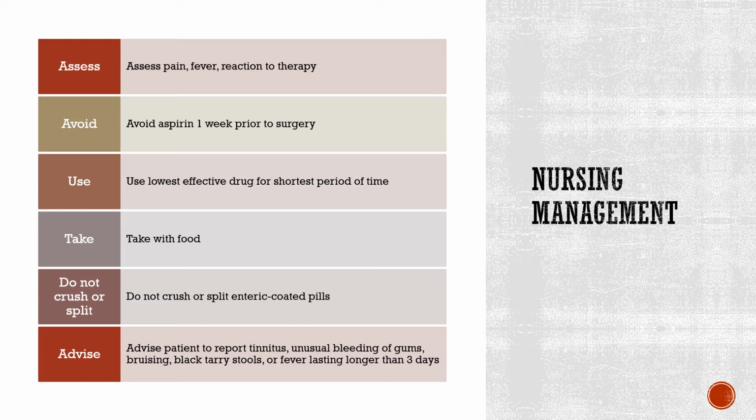And so you don't want to cut that in half or crush it, because sometimes aspirin is extended release, where you wouldn't want to do that anyway. You wouldn't want to do that with any medication that's enteric coated if it's extended release like that, because they would get that medication all at one time.